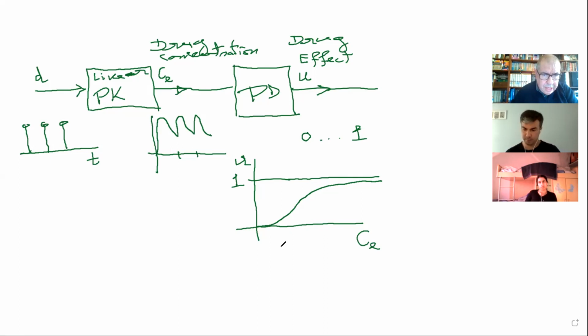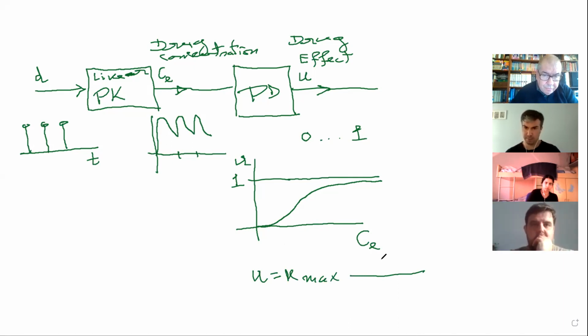For instance, it could be U equals some U max, some constant, and then you have C, a constant. Okay? So if C is 0, then this gives you 0.